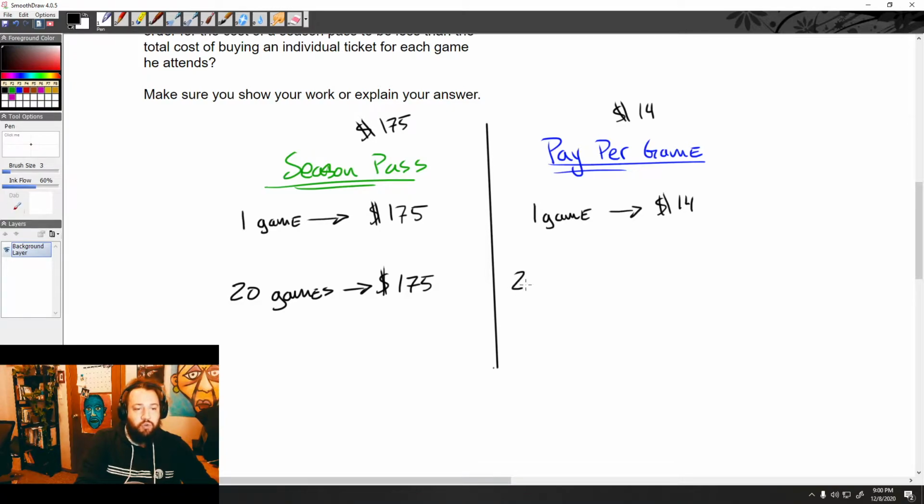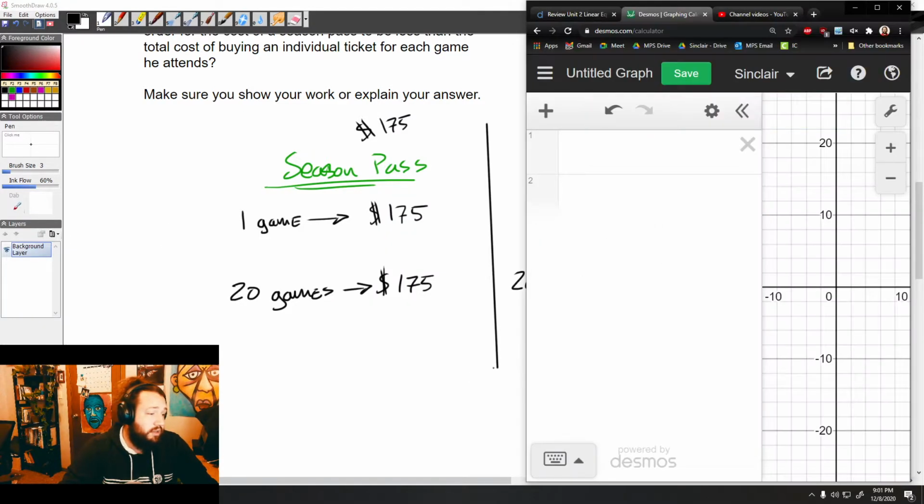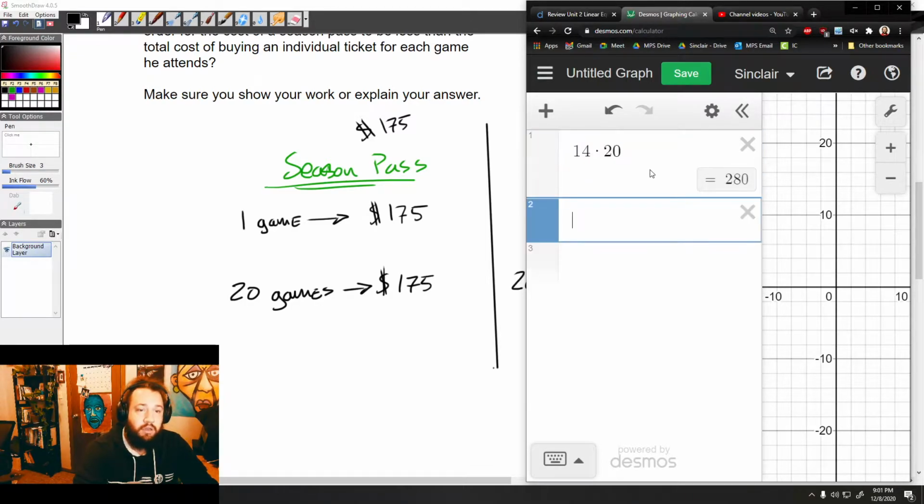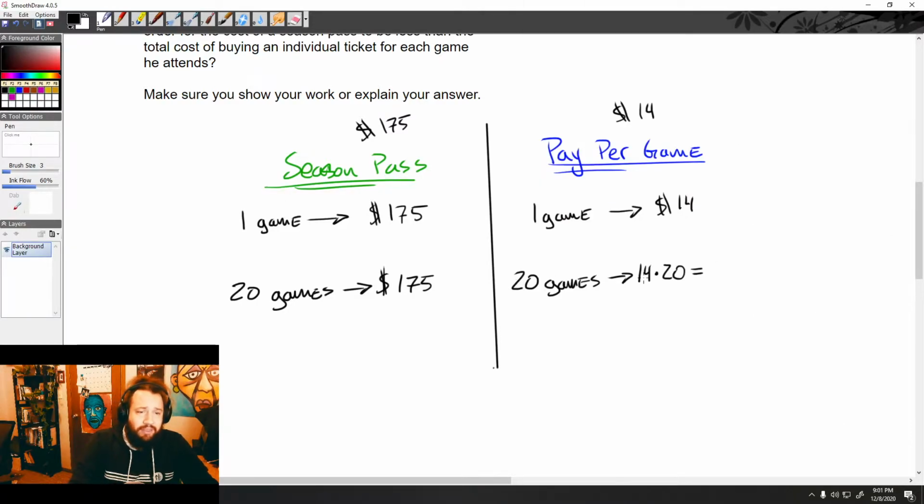Or over here, 20 games is going to be 14 times 20, which equals $280.